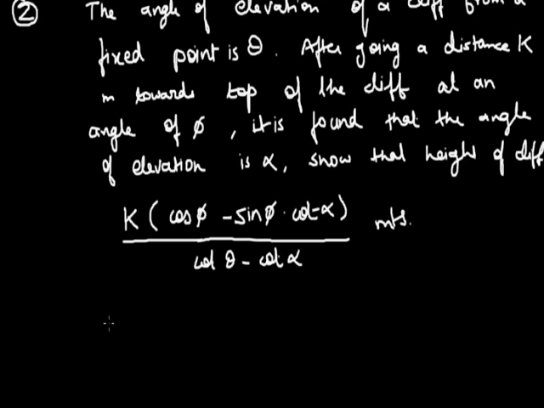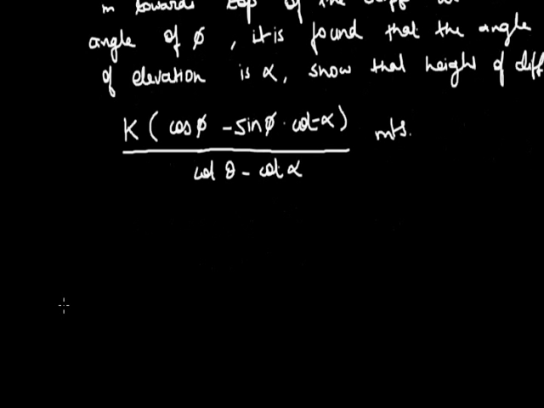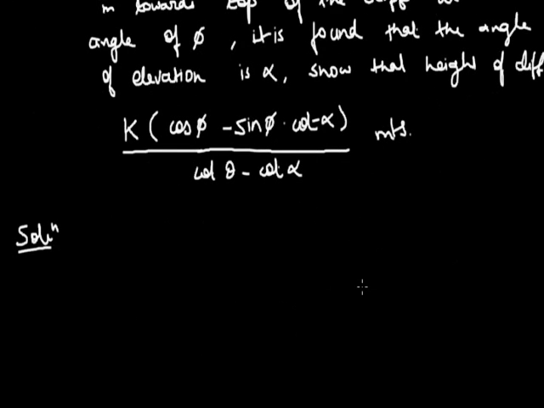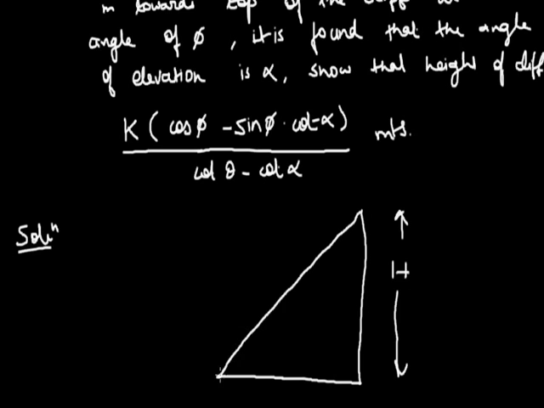Towards the top of the cliff at an angle phi, the angle of elevation from that point is given as alpha. So we have to prove that the height of the cliff is k cos phi minus sin phi into cot alpha divided by cot theta minus cot alpha in meters. So how to make the diagram accordingly: first, let's take this is the cliff and the height of the cliff we'll take as capital H, and from a fixed point on the ground, the angle of elevation to the top of the cliff is given as theta.